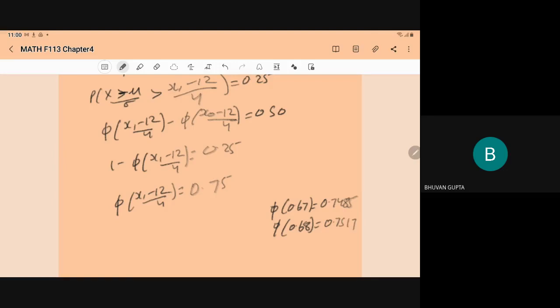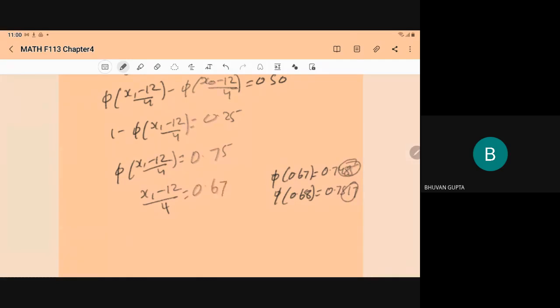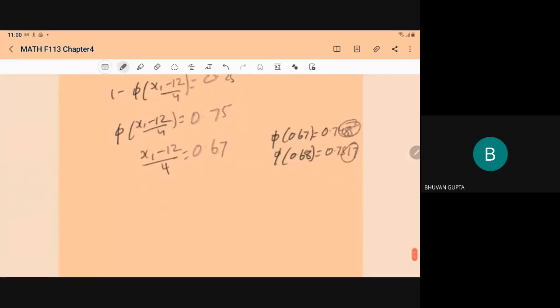So which value do we have to take? 0.75 is near to either 0.7485 or 0.7517. Here we have a difference of 15 and here a difference of 17. So in this case, we will take 0.67. Clear? So we always take the nearby value.